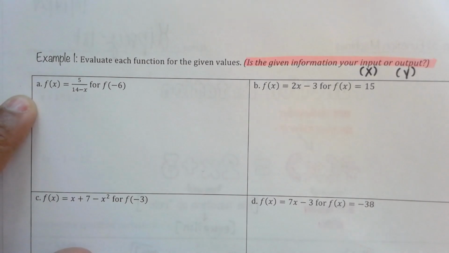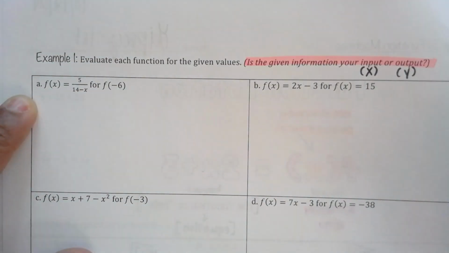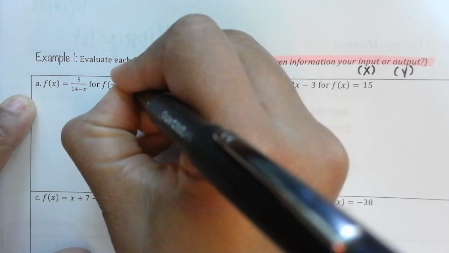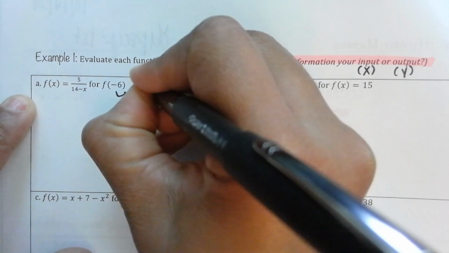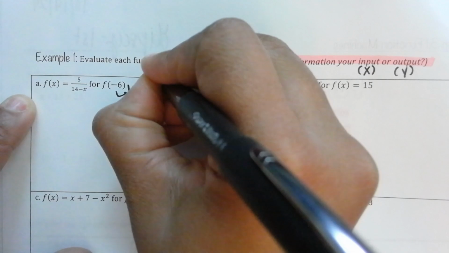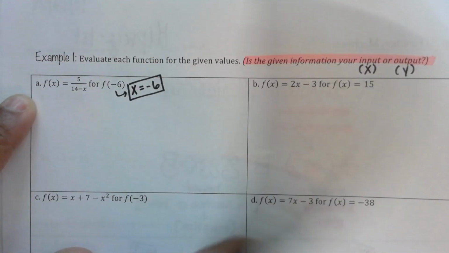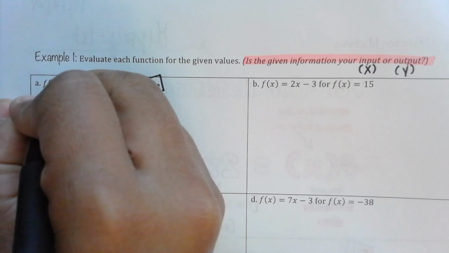So, if I'm looking at A, what did they give me? The input or the output? Input, which is which variable? X. So they just told me that X is equal to what? Negative 6. So everywhere I see an X, I'm going to put what instead? So how would I rewrite this? F of what?